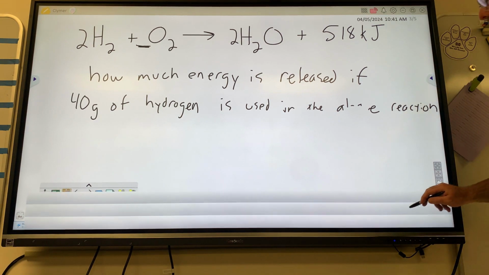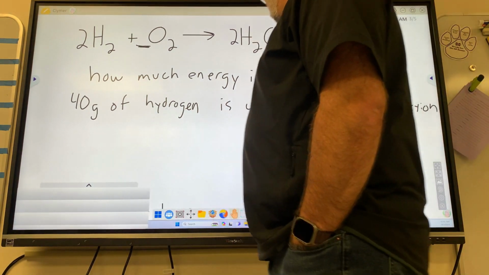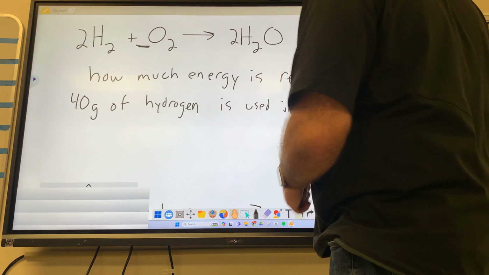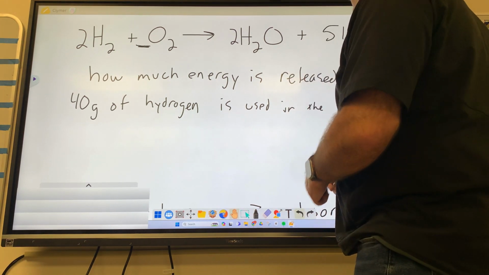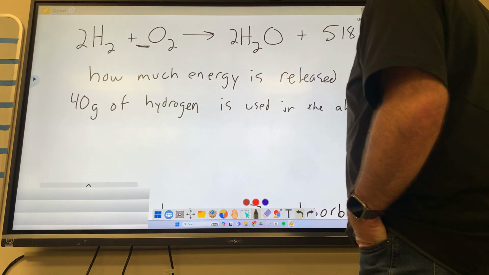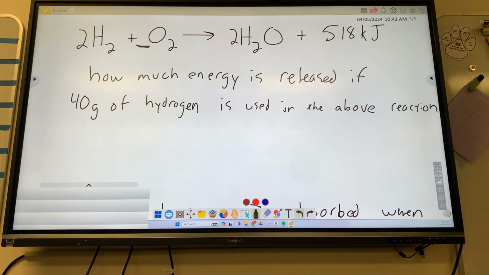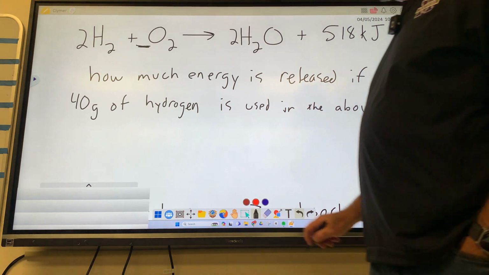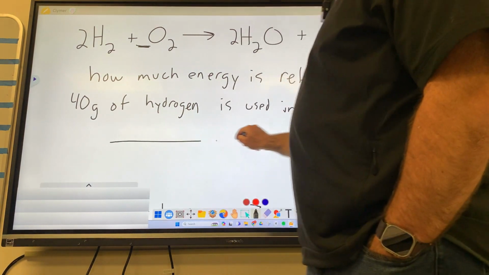Got a little crazy with the eraser. I blame Henry. Okay. So this is going to be another T-chart. What are we going to start with in our T-chart? 40 grams of hydrogen.